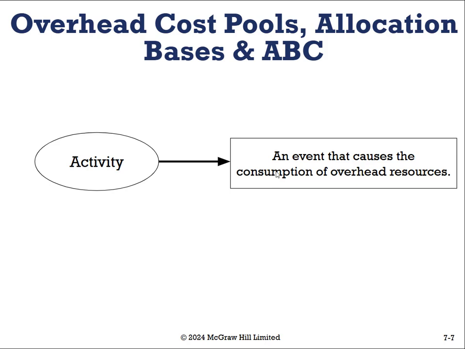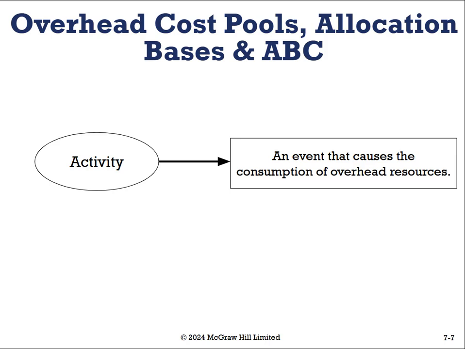So we want to see what is the cause and effect that will have consumption or increased costs, and then we tie it to the product. There are 5 levels of activity that largely relate and can tie through the number of units produced and units not produced.